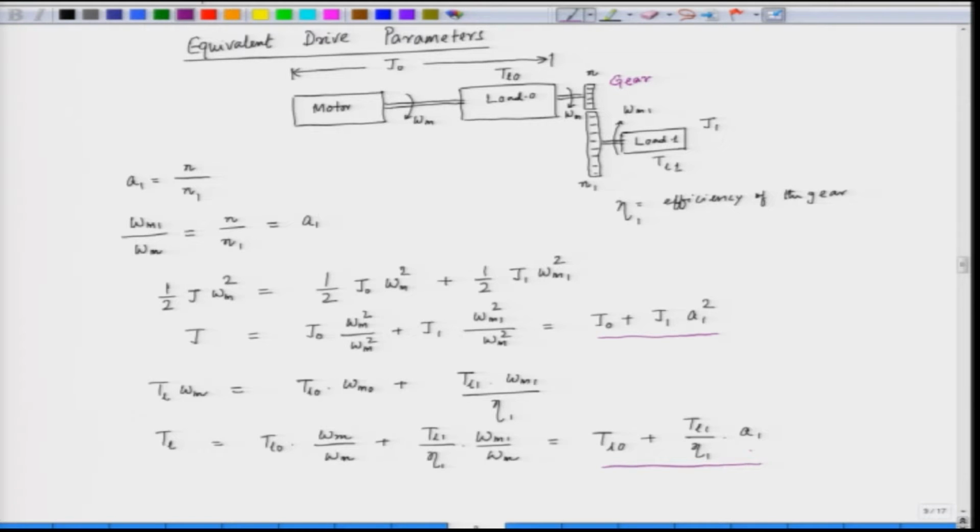A 1 is the gear ratio. A 1 is equal to N by N 1, the ratio of the teeth, that is equal to the gear ratio.